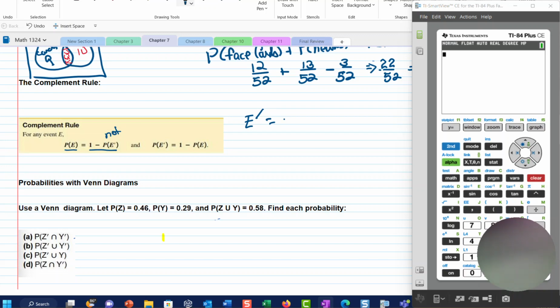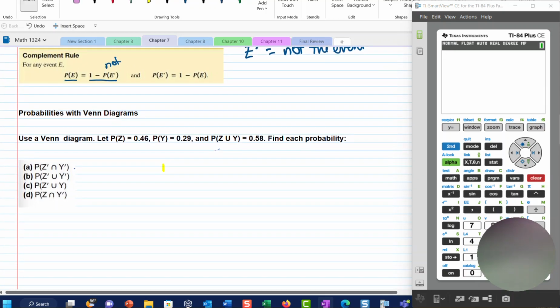The bar means not the event. It is everything else in the set of numbers or data that is not in the set of E.